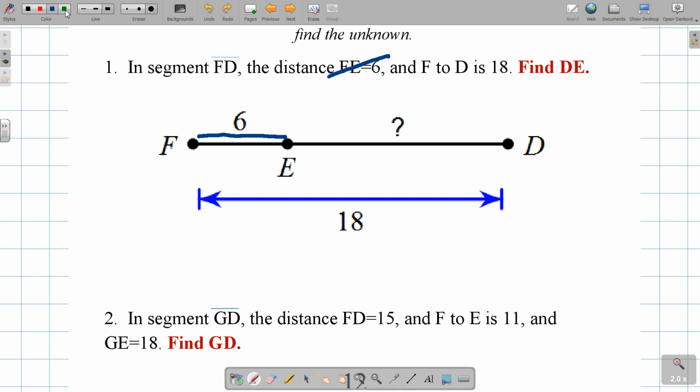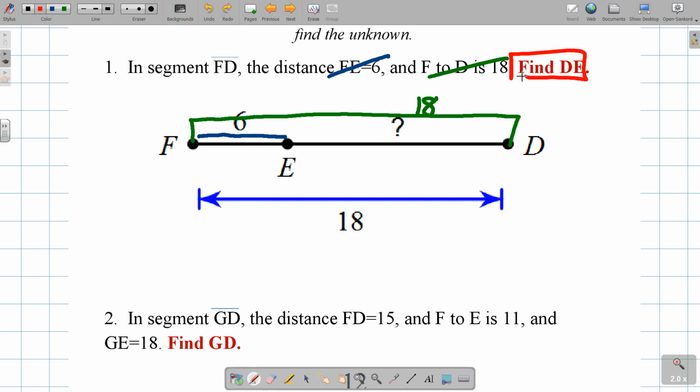Find D to E. I'd like you to squiggle it. Find D to E. Now wait 5 seconds. 5, 2, 1. You probably just had an aha moment like, oh, this is so easy.